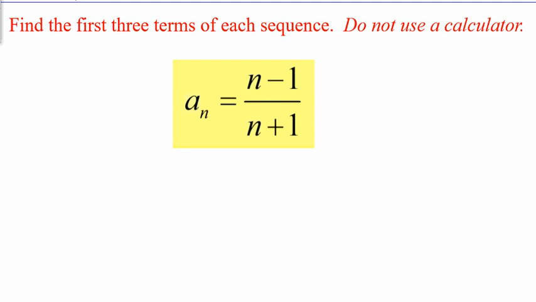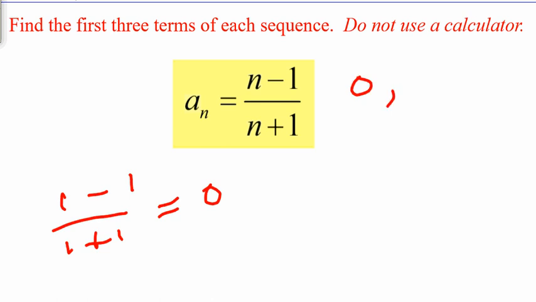Okay, so those are some explicit ones. And this is one more explicit one. If you want to try this, when n is 1, so this is one last explicit one, we will have 1 minus 1 over 1 plus 1. That becomes 0. So that's the first term in our list.